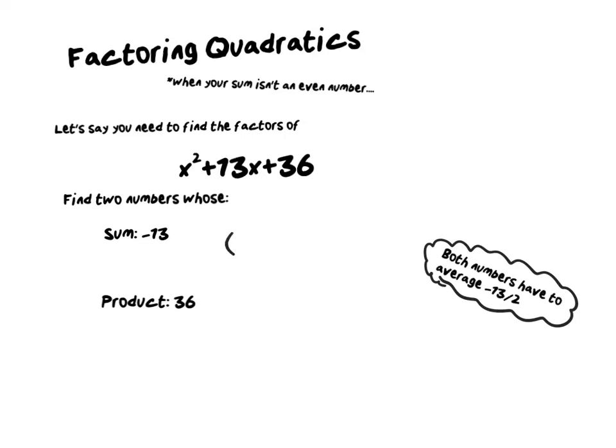So now I have negative 13 over 2 plus some unknown number, u, and negative 13 over 2 minus an unknown number. So by multiplying negative 13 over 2 times negative 13 over 2, my product will be 169 over 4.